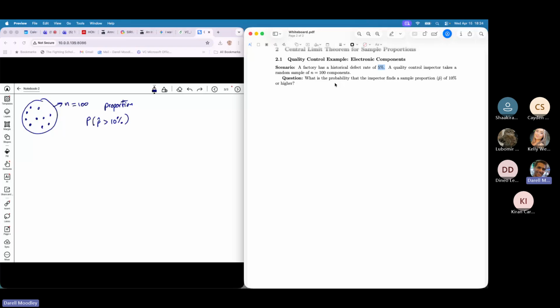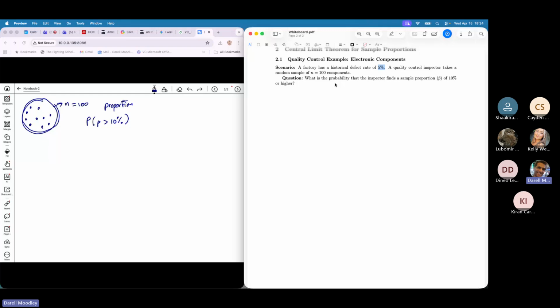Sometimes they drop the hat and just leave it as P, it's okay. Either way, it's the same thing. So what is the probability that the percentage of defective components from this basket you've selected is more than 10%?